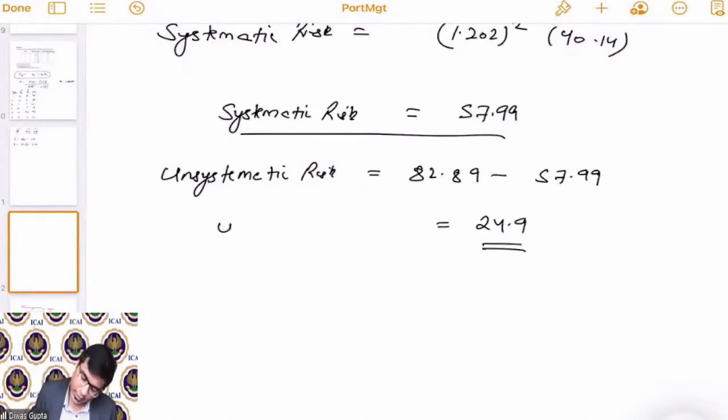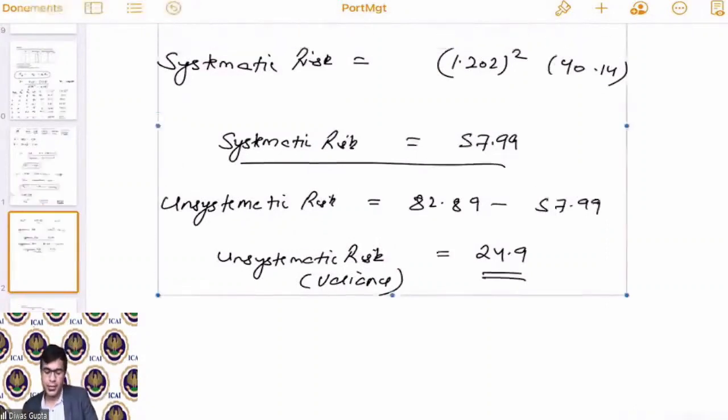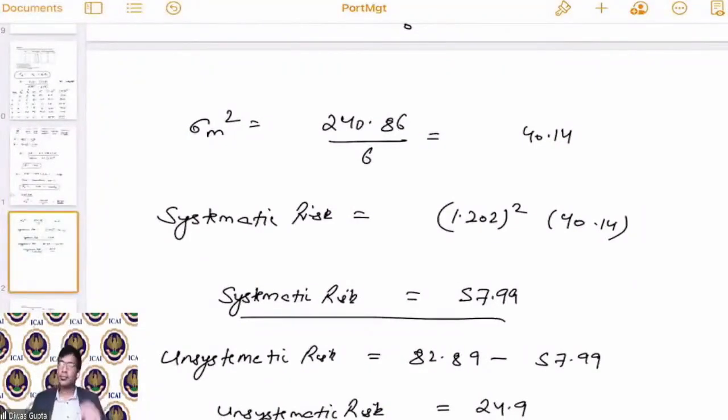This is the unsystematic risk calculated in variance terms. Correct? This is not in standard deviation terms. This is calculated in the variance term. Okay, students. So please note down this. Then we'll go to the next part.